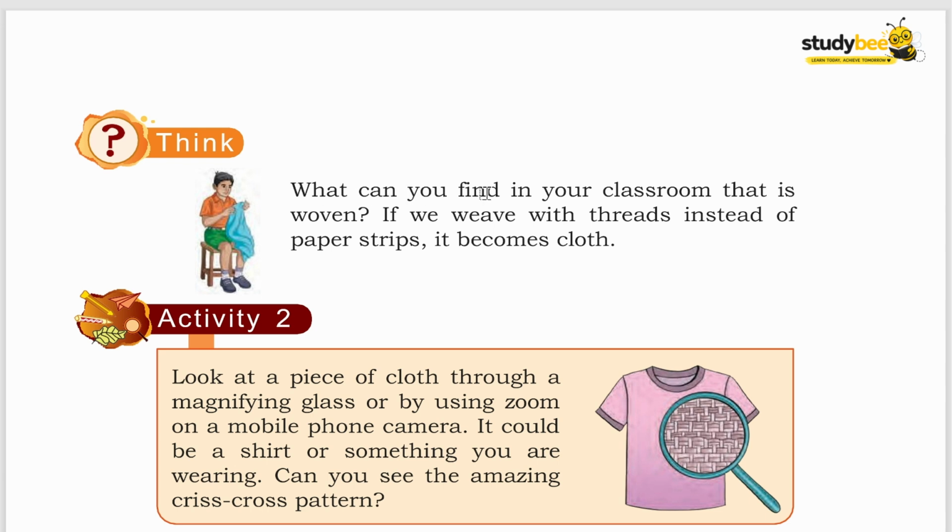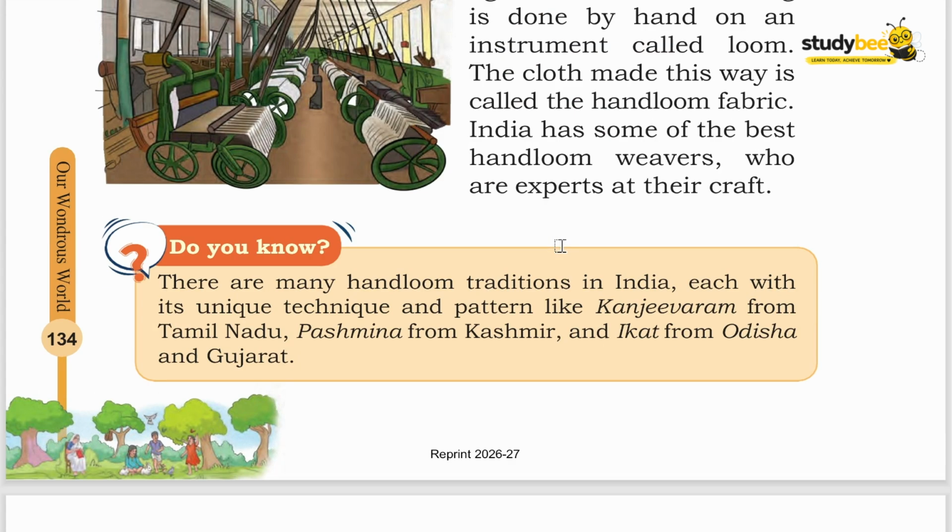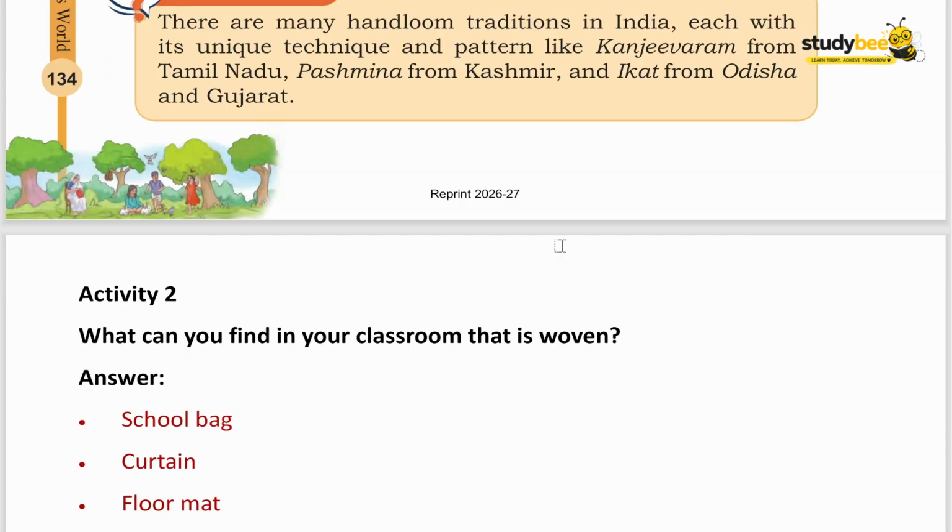What can you find in your classroom that is woven? If we weave with threads instead of paper strips, it becomes cloth. Just as we made a mat using paper strips, if you replace the paper strip with a thread, it will become cloth. So let's see what you can find in your classroom that is woven.